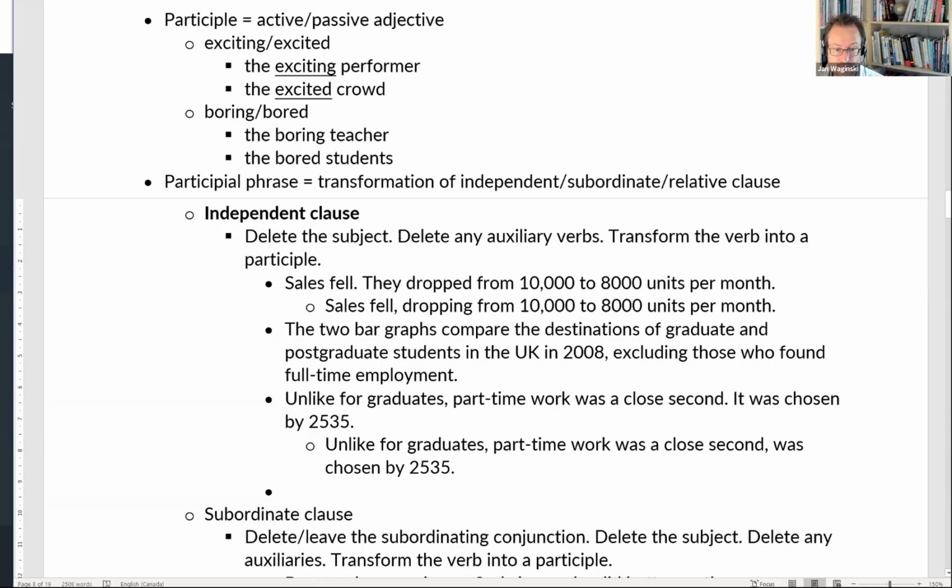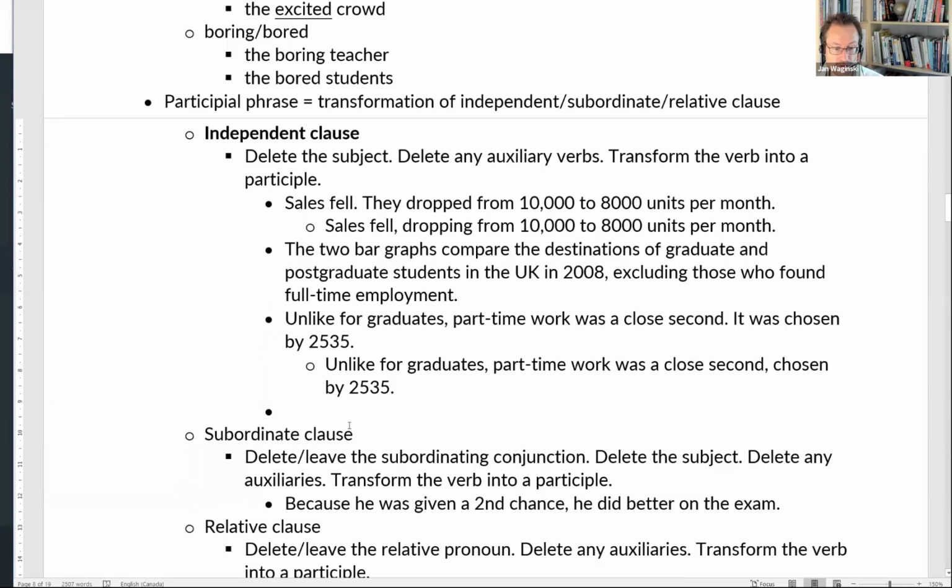In this case, we have an auxiliary, so we drop the auxiliary. And chosen is the third form. So this is the passive participle, so we can leave it as is. So those were three examples of independent clauses changed into participial phrases.